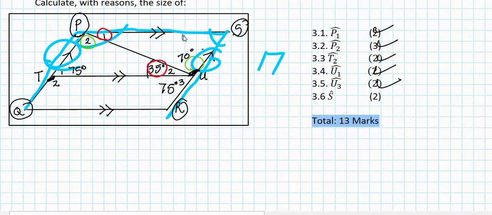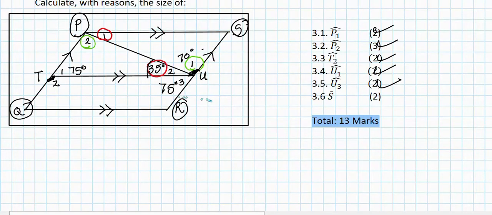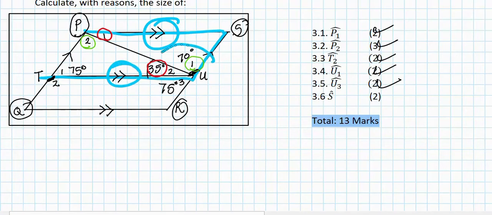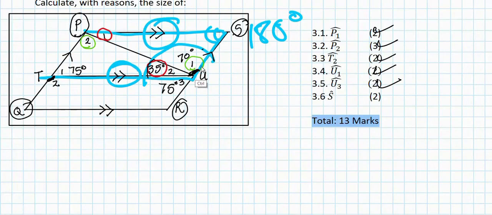And the value we must find is 75 degrees. Or there is a person who might have seen this C formation like that, and then we have these parallel lines again staring at us in the face. And we know that if we add this angle with this one, we must get 180 degrees because these are co-interior angles. Easy as that.